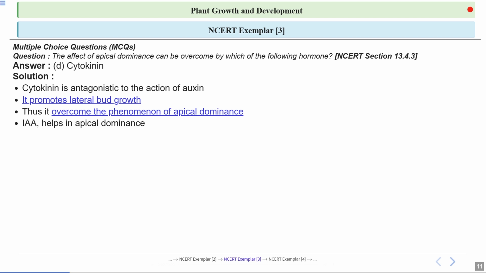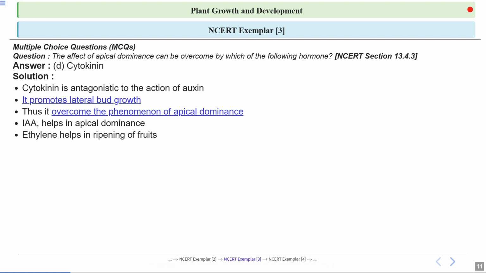The growth is upward and downward also, because the auxin is present at the tip of the shoot apex, whether it is a root apex or a shoot apex. So it is important to understand how these hormones work together and how they work against each other as well.